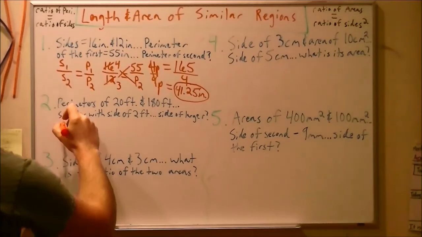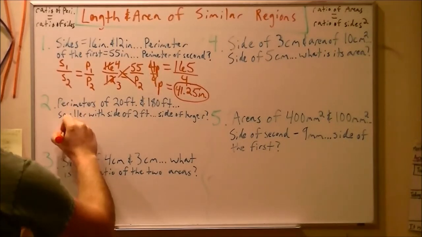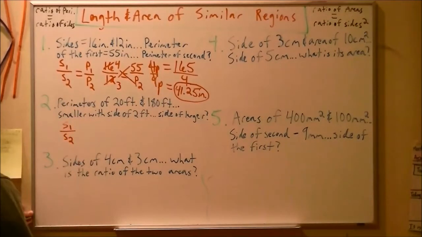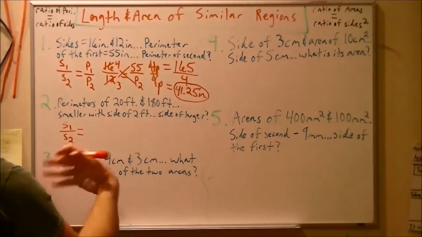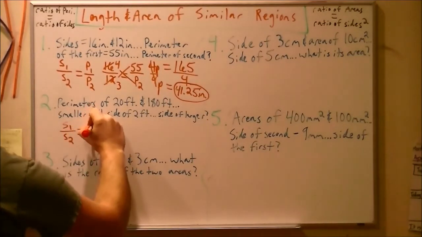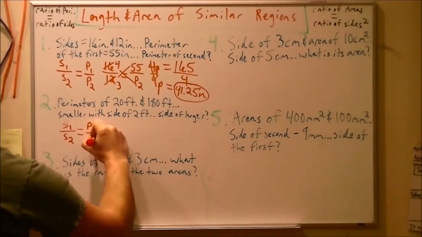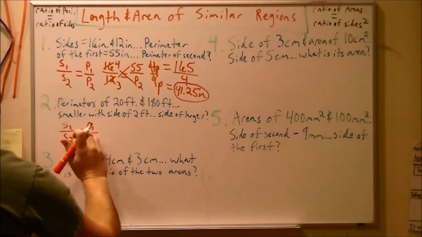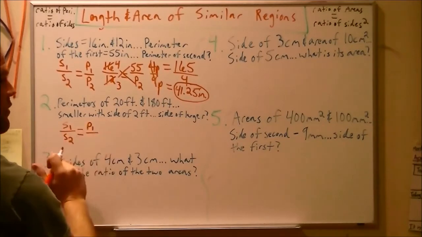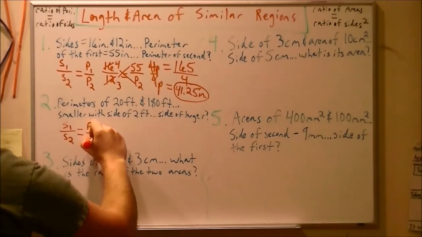Write your formula down. S1 over S2 equals, that's your first ratio. The second ratio to form the proportion is P1 over P2. And just remember, that's terrible, isn't it? Look at that dirty finger erase, Nikolai. That's bad stuff.